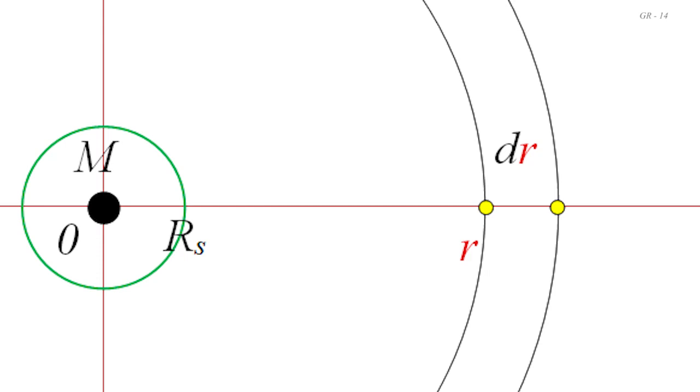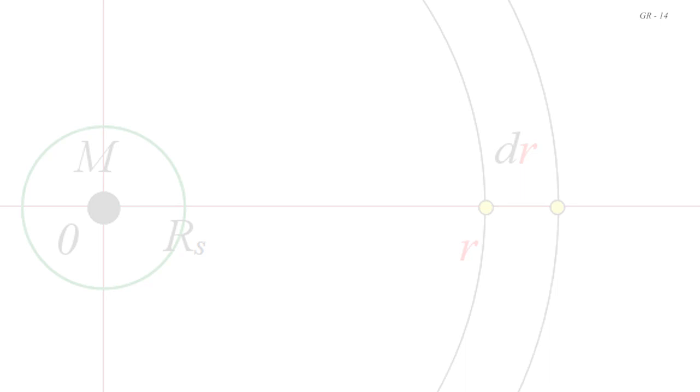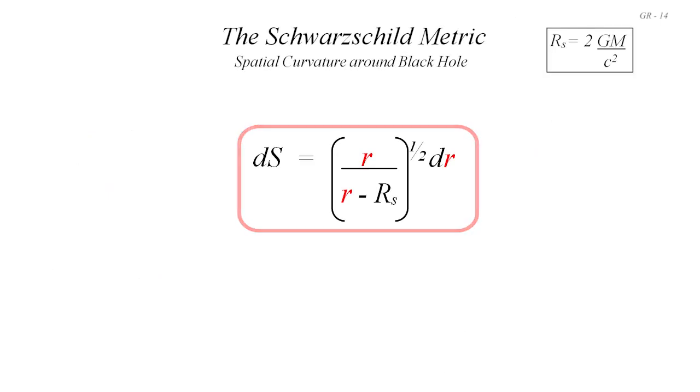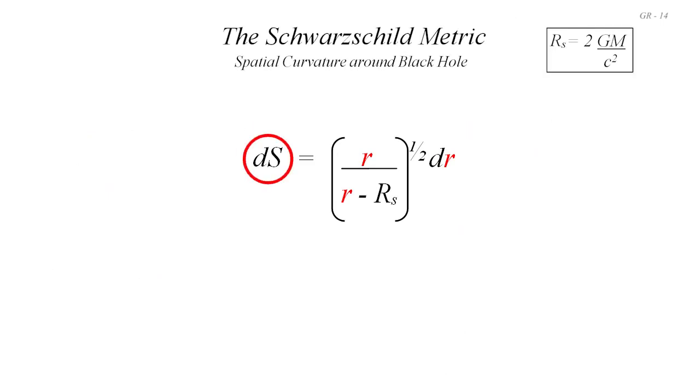However, the actual distance, the proper distance between the 2 points, is given by ds, which according to the Schwarzschild metric, which has dt equals 0, is given by this formula. This ds, the proper distance, is clearly different from the dr that the outside observer measures, and it's all because of the curvature of the space-time due to the presence of the black hole.